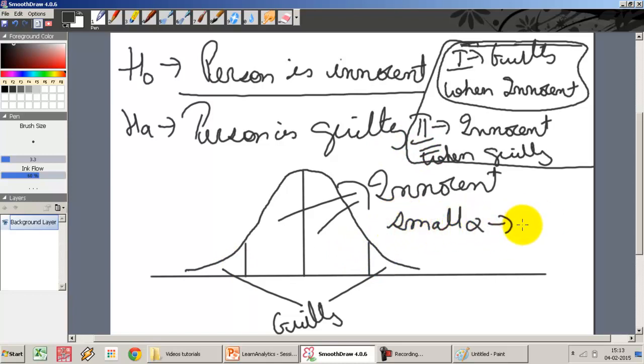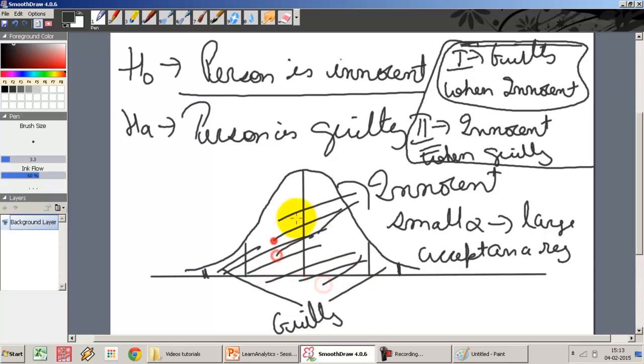A small alpha will give us a larger acceptance region. With a small alpha, let's say the alpha lies over here, I am more likely to accept the null than reject it. If my acceptance region is large, I'm more likely to say a person is innocent when actually guilty, but less likely to say guilty when the person is innocent.